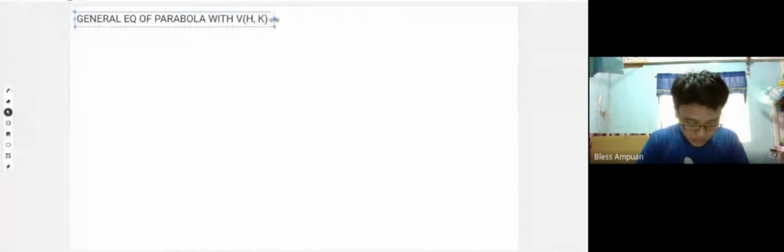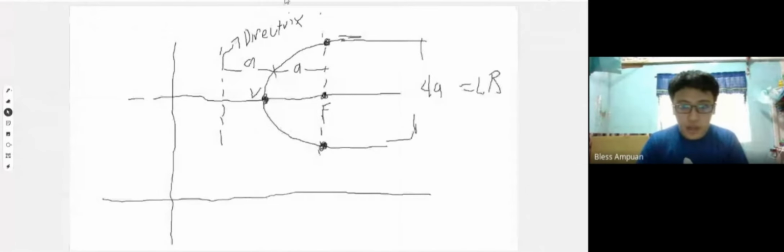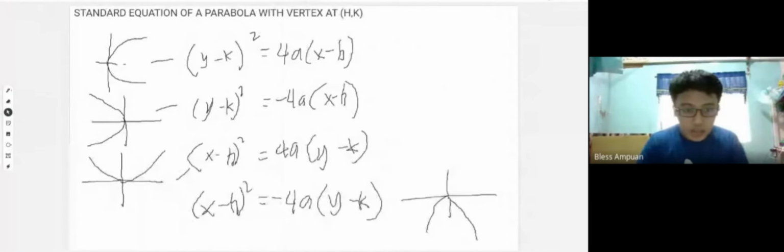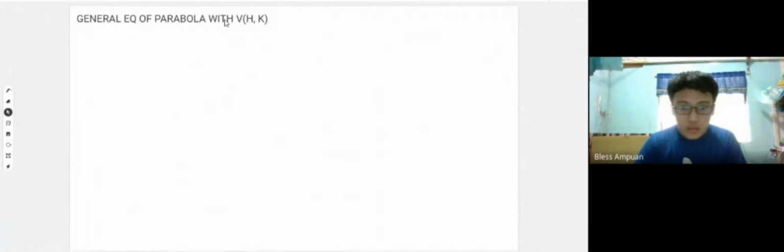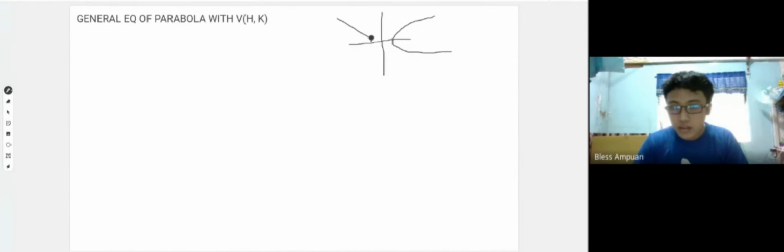If the parabola opens to the left or right, like earlier, so if the parabola will open to the right and to the left, this is our parabola.